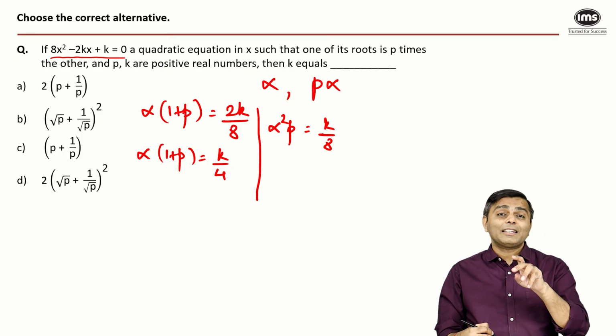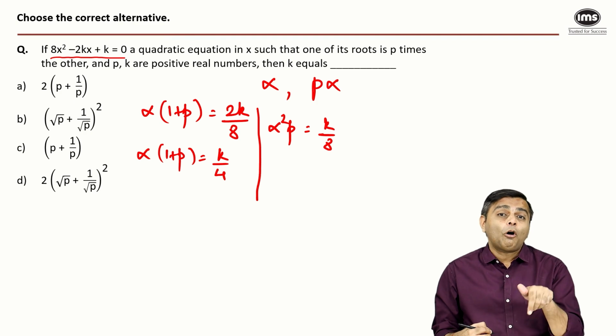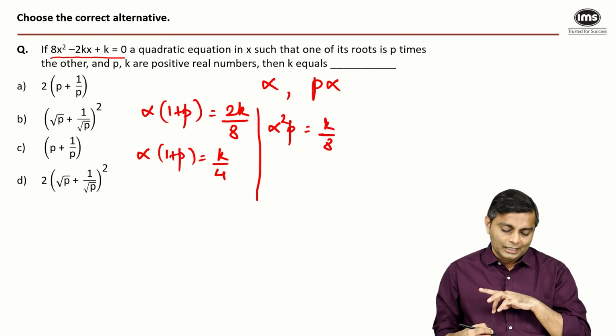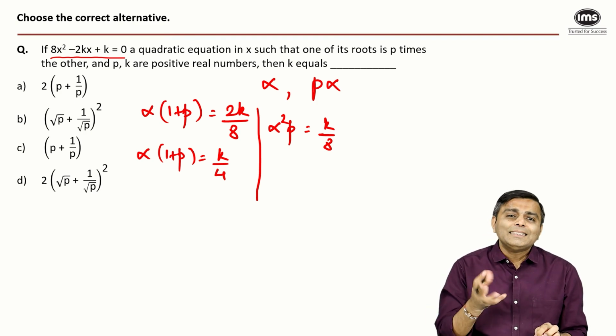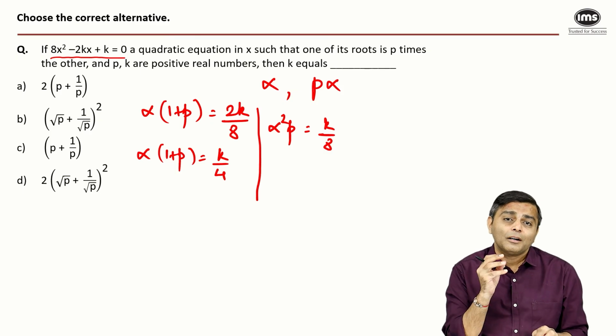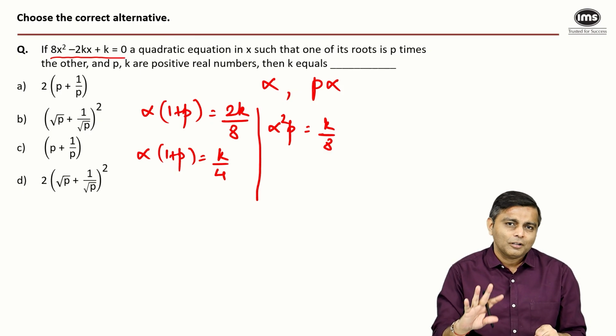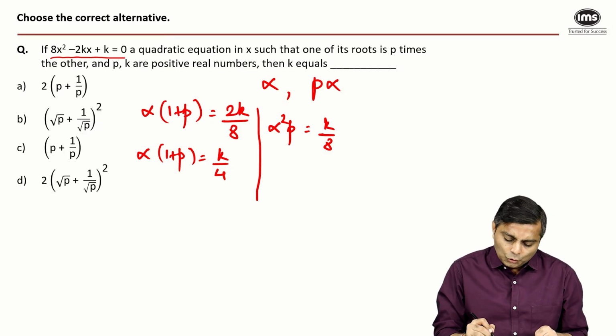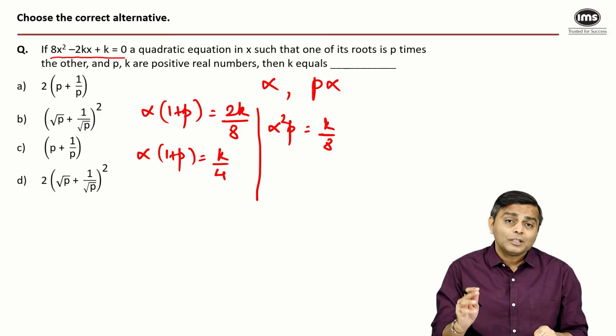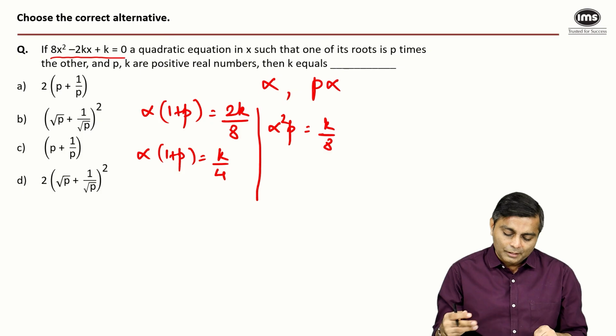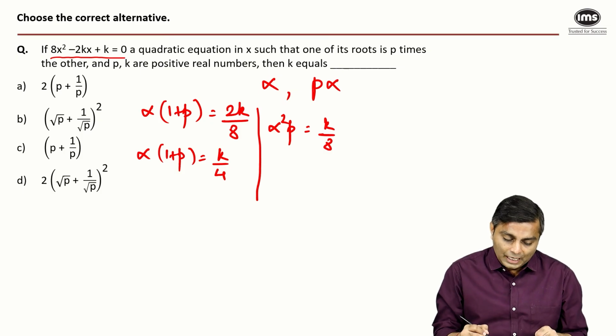Now see, they have asked us k. All the options that they have given are in terms of p. So essentially what you have to understand is we have to express k in terms of p. So basically we have to get rid of one of the variables. From the product of the roots, alpha squared p is equal to k by 8.